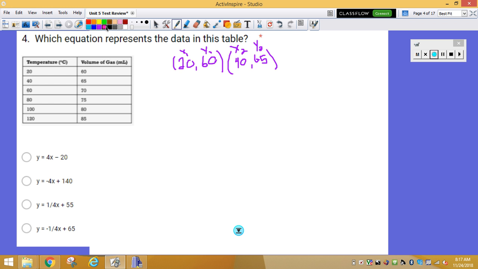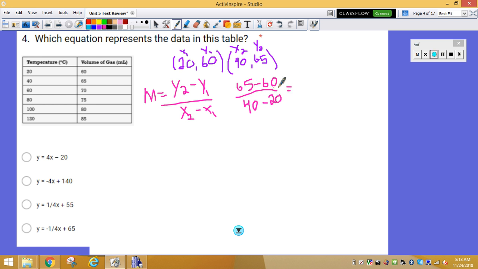First step is to find the slope. And I would definitely write this down. Slope is y2 minus y1 over x2 minus x1. So let's plug in y2 right here, 65, minus y1 is 60. On bottom, x2 is 40, x1 is 20.